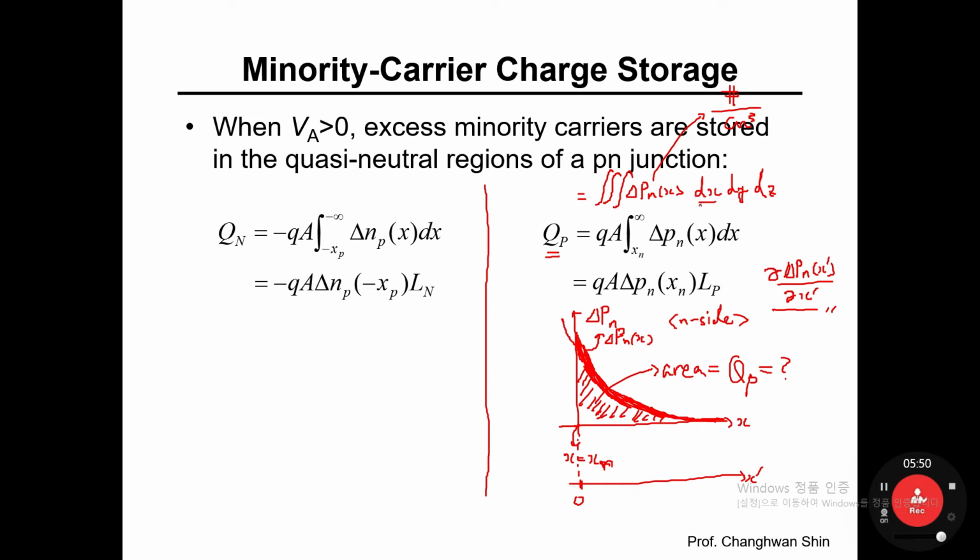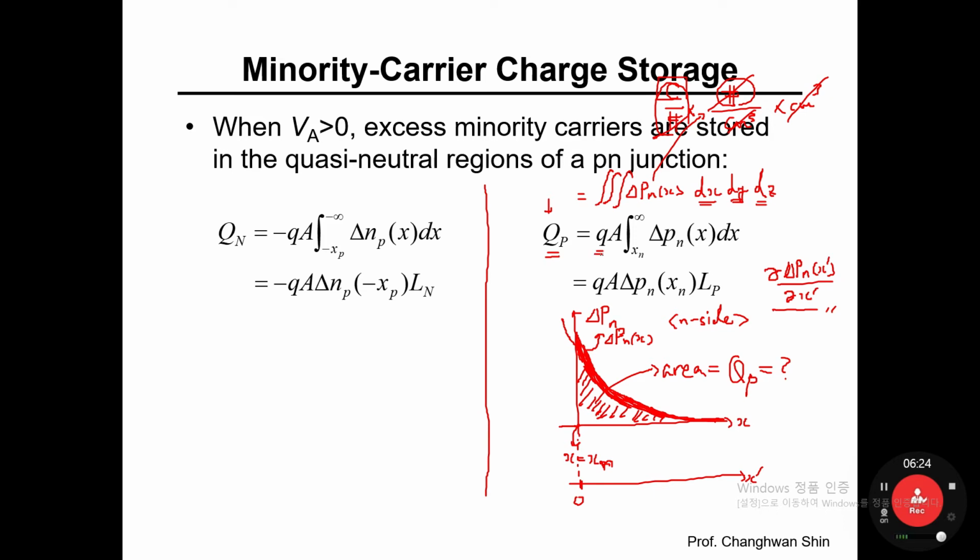Since I'm integrating over x, y, and z, the unit for volume is cancelled out. So the total number of holes is left, but on the left hand side we need a total charge, in coulombs. So unit charge times concentration times volume will give us total charge.